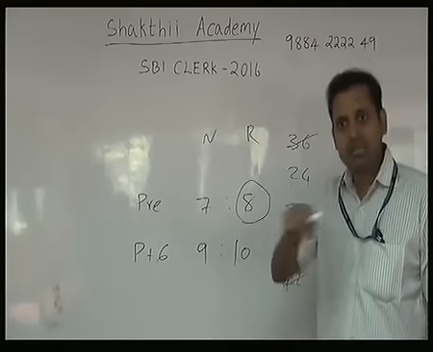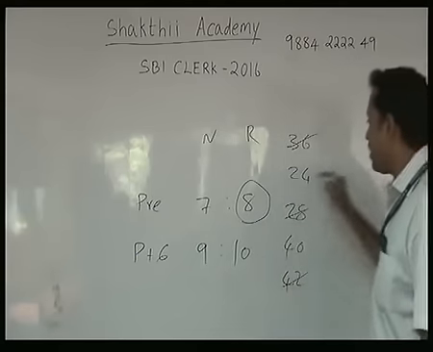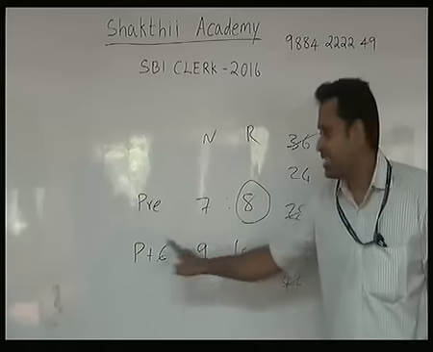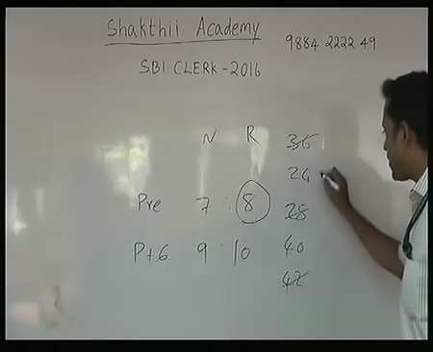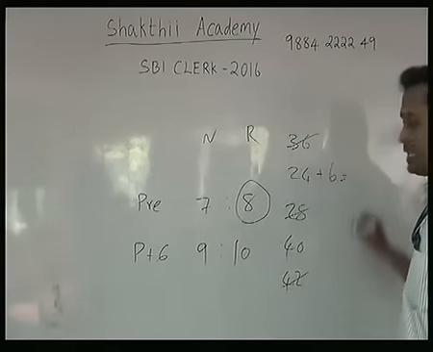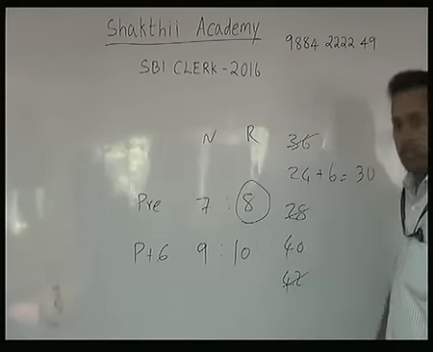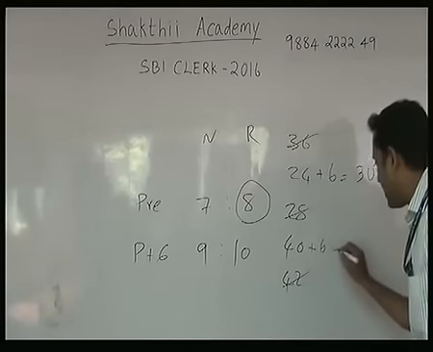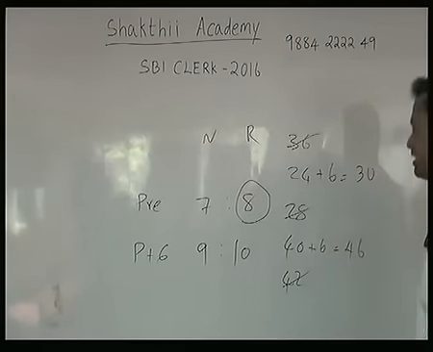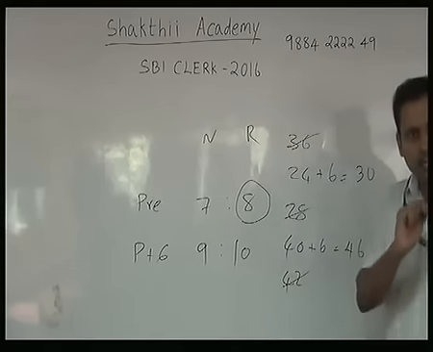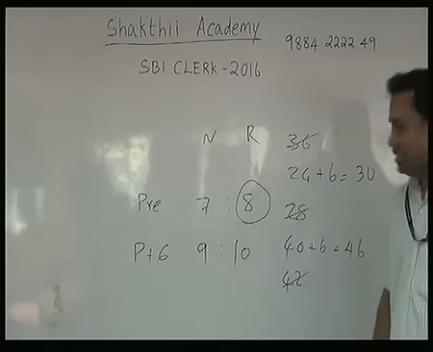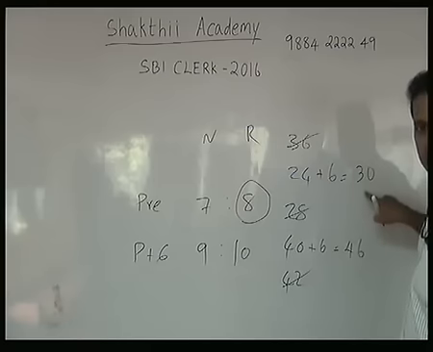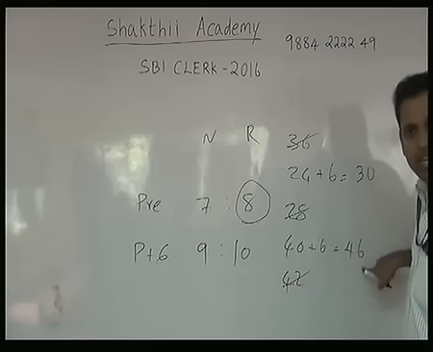So I will check after 6 years. If I add 24 plus 6, how much do you get? 30. Here 40 plus 6, when I add, how much do you get? 46. So which value is divisible by 10? This 30 is divisible by 10. This 46 is not divisible by 10.